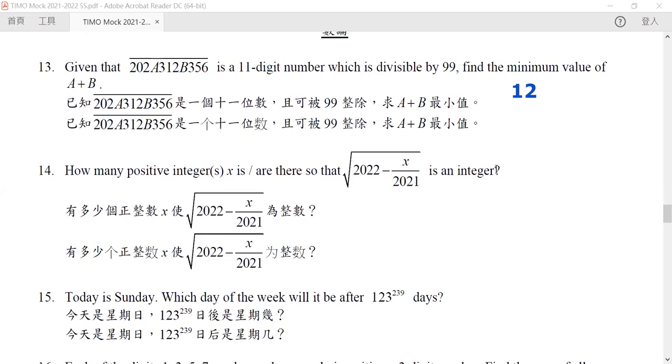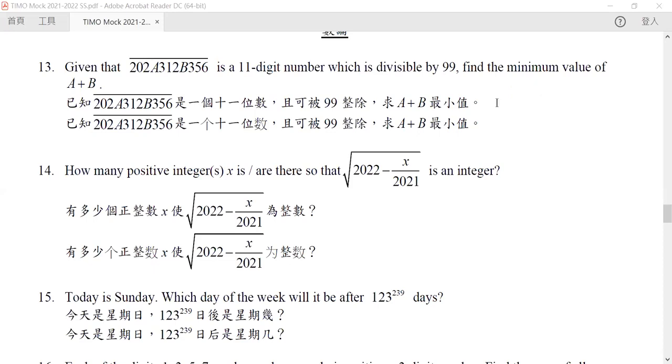But if it is divisible by 11, then the possible value of a plus b is 1 or 12. Because we need to satisfy both conditions, a plus b can only be 12. Now, it is not just its minimum value, it is its only value.